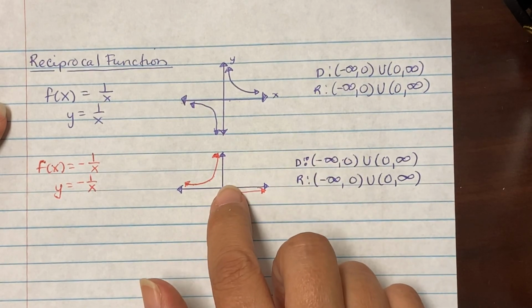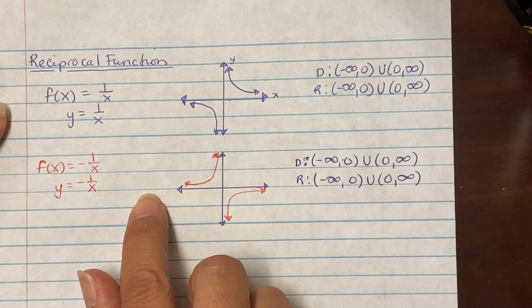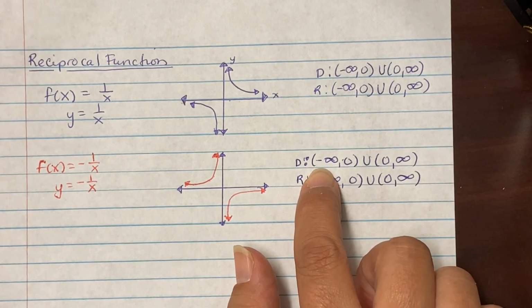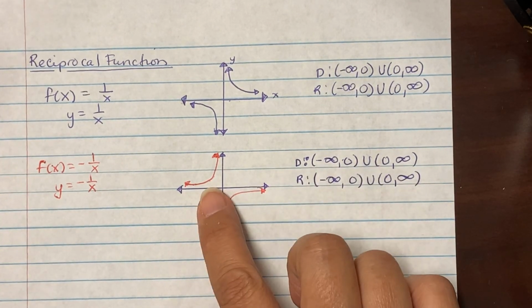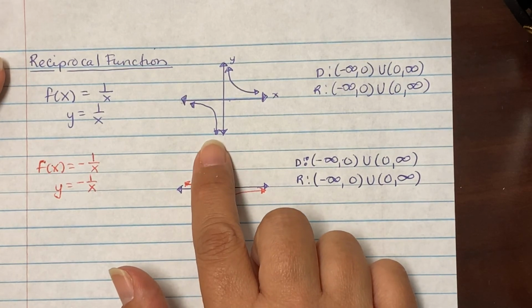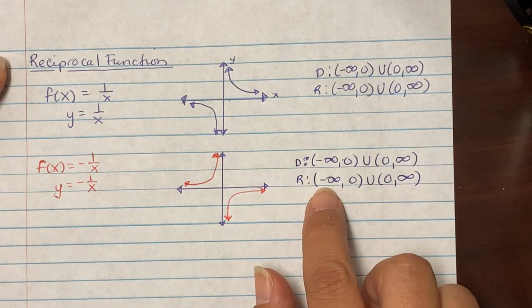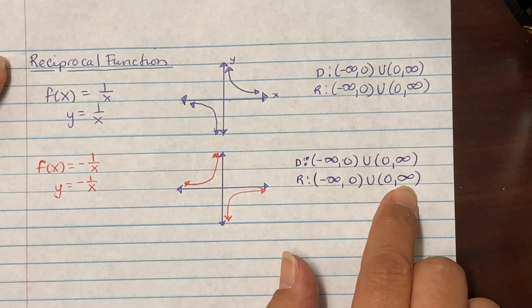The domain, x's are going from 0 to the right and 0 to the left, so negative infinity to 0, union 0 to infinity. The range, notice that the y values are increasing and decreasing, so it's going from negative infinity to 0 and then 0 to infinity.